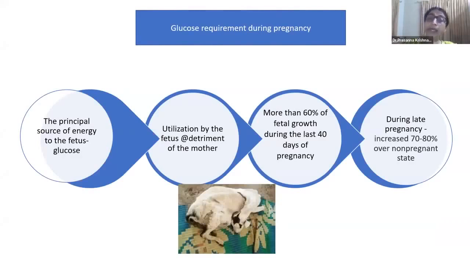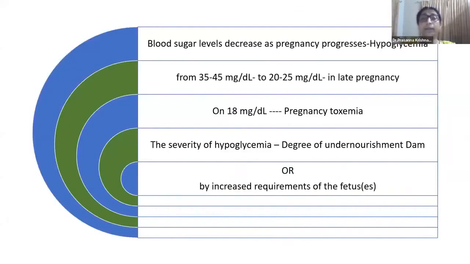More than 60% of the fetal growth occurs especially during the last 40 days of pregnancy, and the requirement is very, very high, especially during the terminal stages, where almost 90% of the fetal growth takes place.